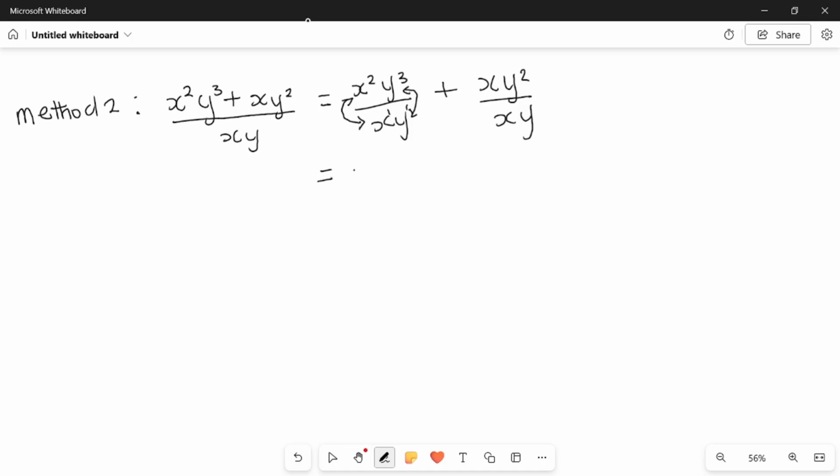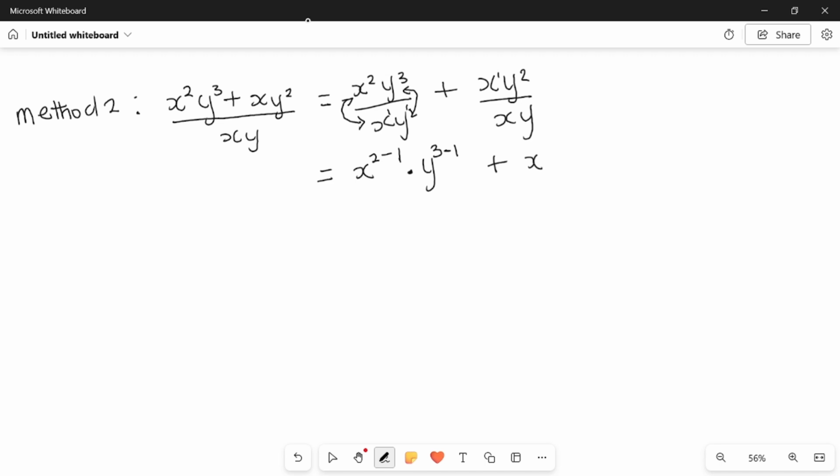So we have that x raised to the power 2 minus 1. That's from here. Collect that common base x raised to the power 2 minus 1. That's how we got this thing here. Times y raised to the power 3 minus 1, plus, same thing here, x and x, they are similar base, so you write it down.